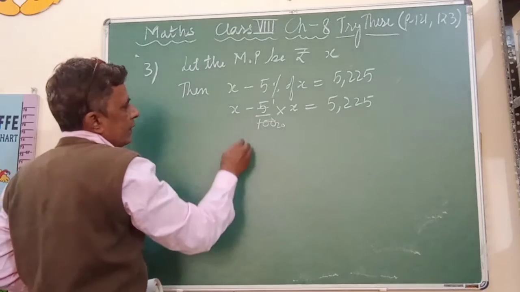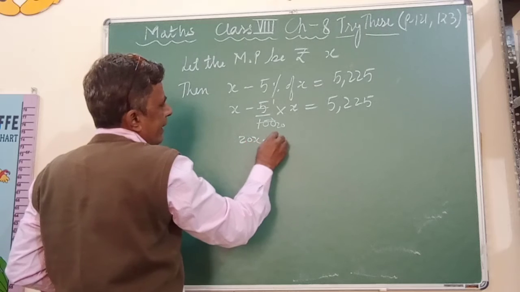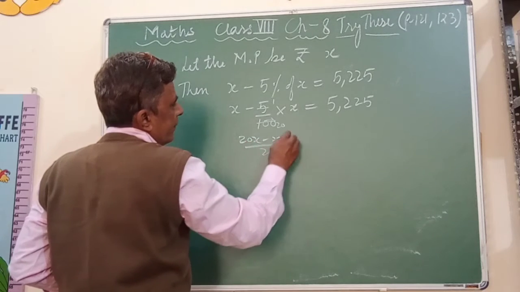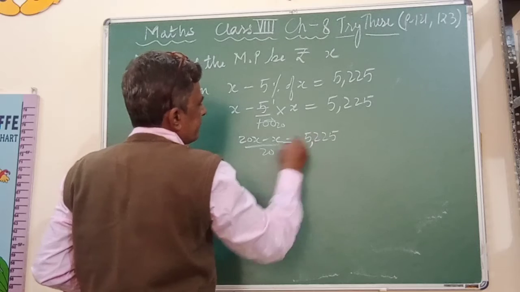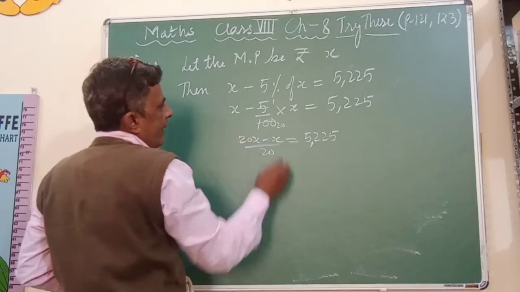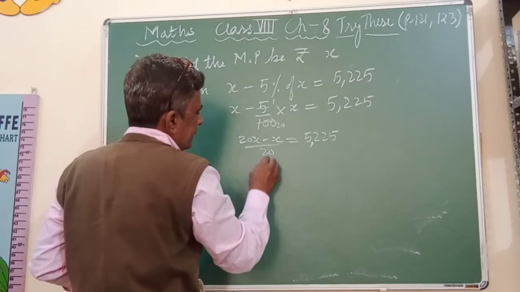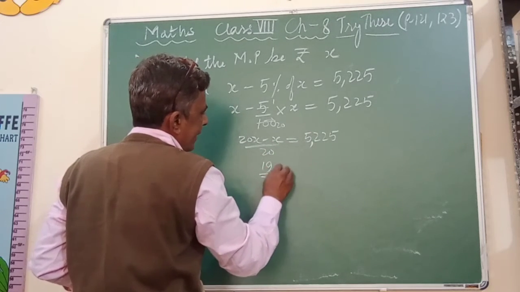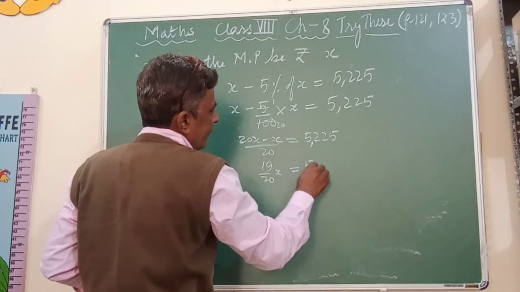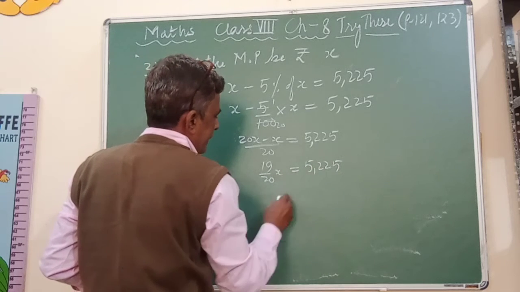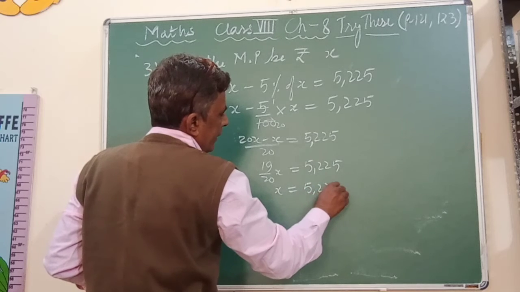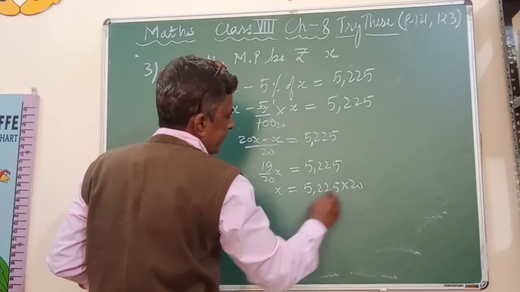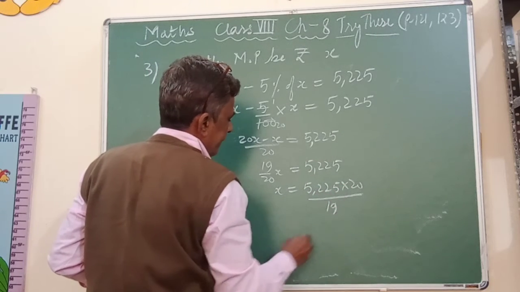Now we get 20x minus x by 20 is equal to 5,225. 20 minus 1 is 19. 19 upon 20 x is equal to 5,225. X is equal to 5,225 into 20 upon 19.